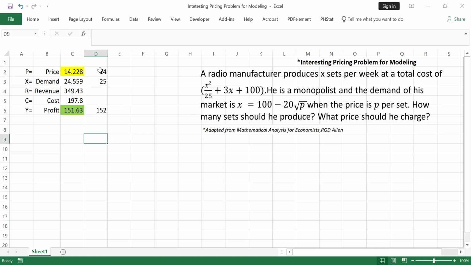Charge a price of $14. Demand is equal to 25 units, which the monopolist has to produce. Whatever he produces is the demand, and the profit is $152 rounded. And this 349.43, you can make it as 350 if you want to. 350 minus 198 is 152. It tallies. But we have solved the problem.